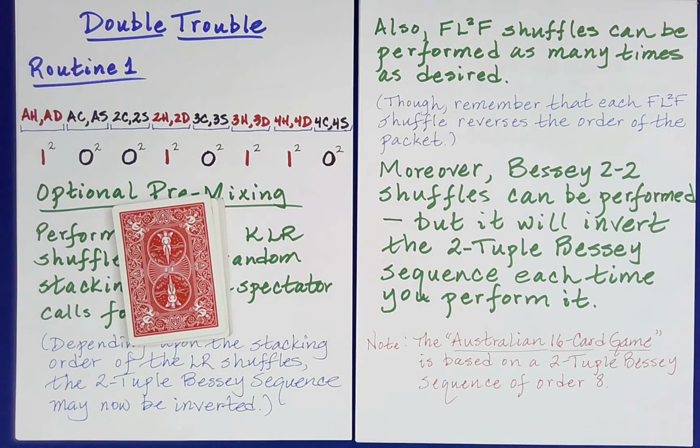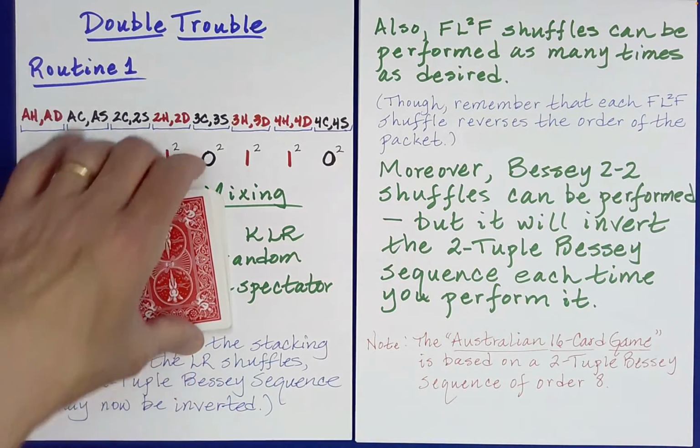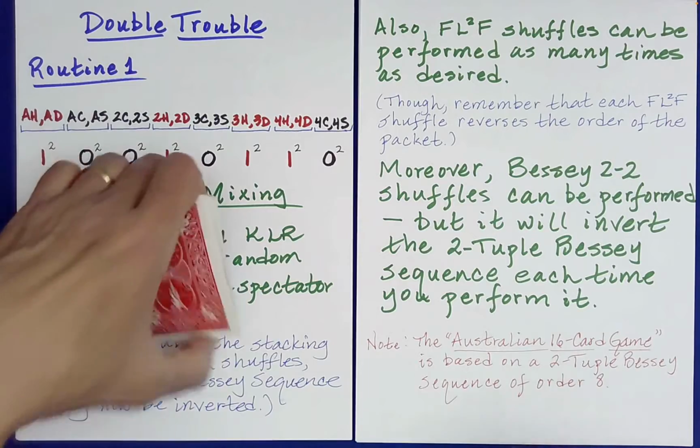But now, with the video today, we actually have a name for it. So within that performance, the 16-card packet is actually a two-tuple Bessey sequence of order 8, similar to what we're talking about here. That really is a fun one to watch.